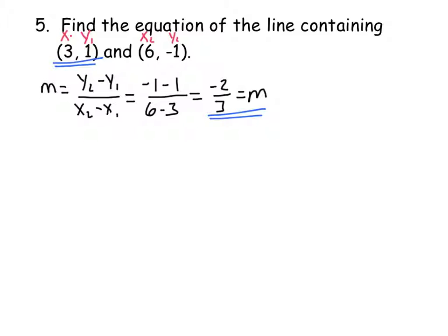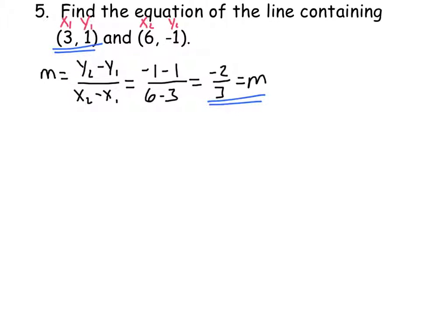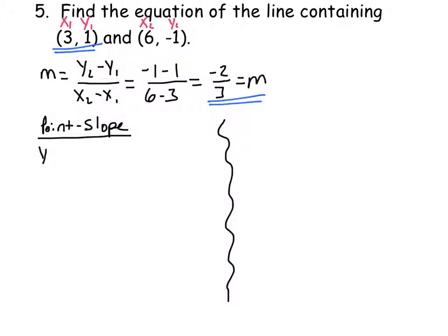There are 2 ways of doing this. Both are correct. You get to pick whichever way you feel most comfortable working. The first one is using point-slope. Point-slope is y minus y sub 1 equals m times x minus x sub 1.